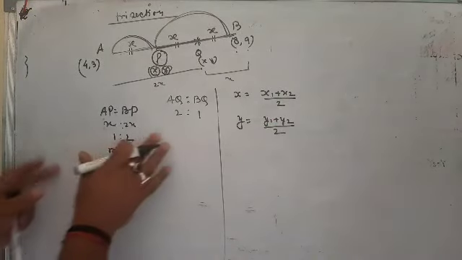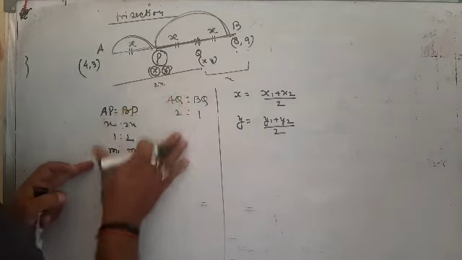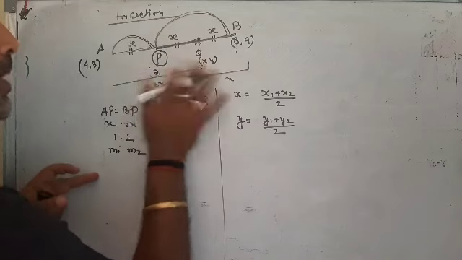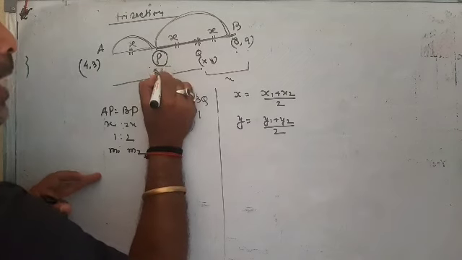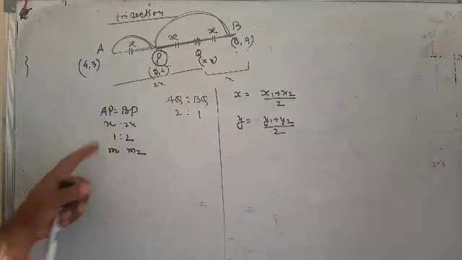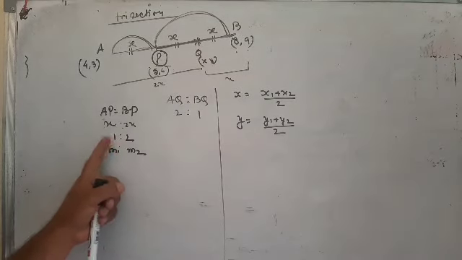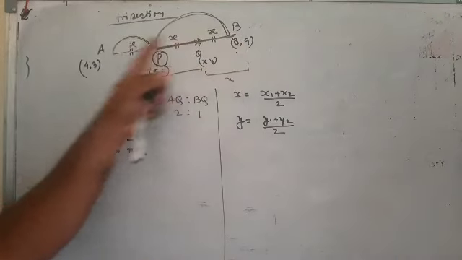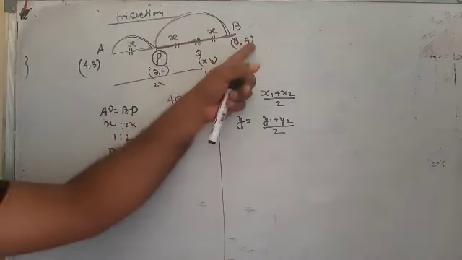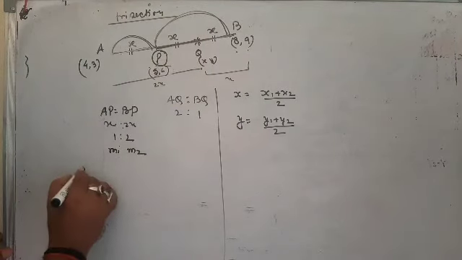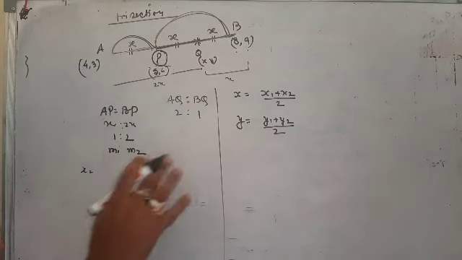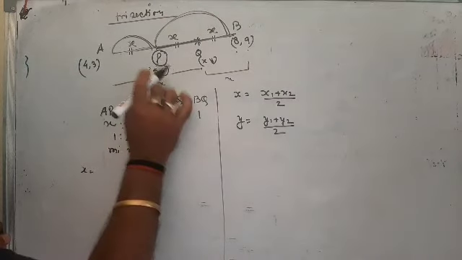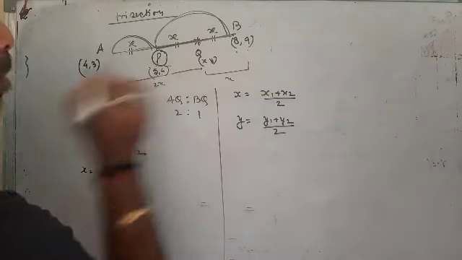Okay, without solving this one, suppose I don't know how much, but just as an example, suppose the answer is (5, 6), by using m1 and m2 as 1:2 and taking x1 as 4, x2 as 8, y1 as 3, y2 as 9, and putting the values in x, that is (m1 x2 plus m2 x1) by (m1 plus m2). Suppose the answer, I am not sure, is (5, 6).